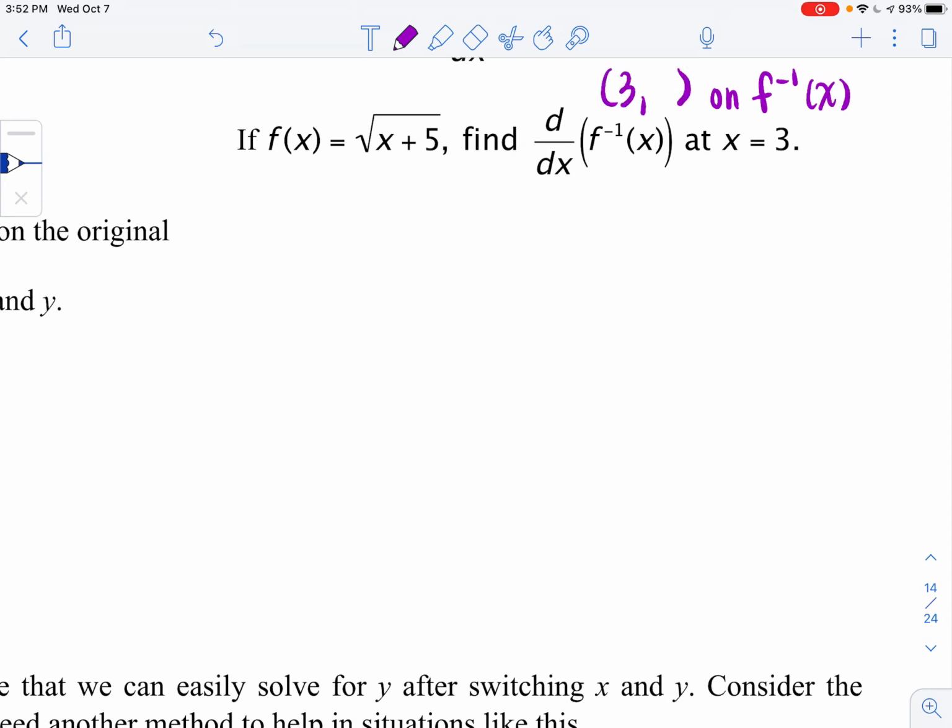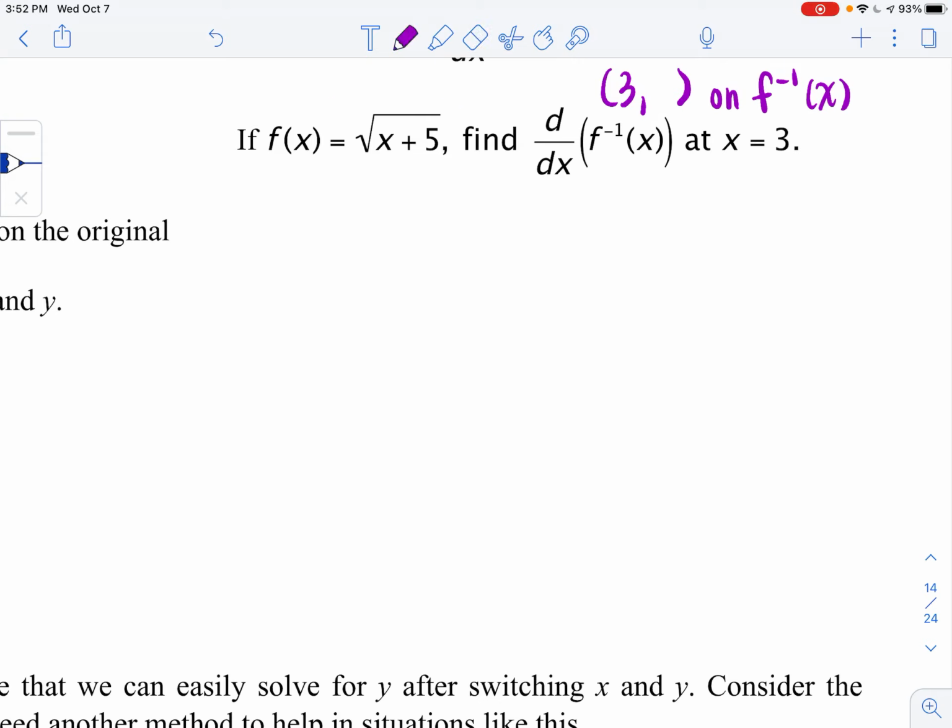But on my original function, that's the point something comma 3 on f of x. So that's the thing that's going to be tricky. For me to really find the answer in this case, I'm going to have to make sure I'm plugging in the right x. But for now, you have a situation where you can actually take the f of x you're given, find the inverse function as a function of x, take its derivative, and plug in 3. So I'm going to actually ignore this for just a minute. You'll need that in the next problem.